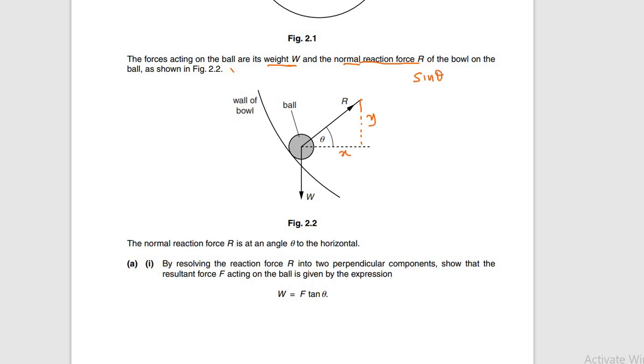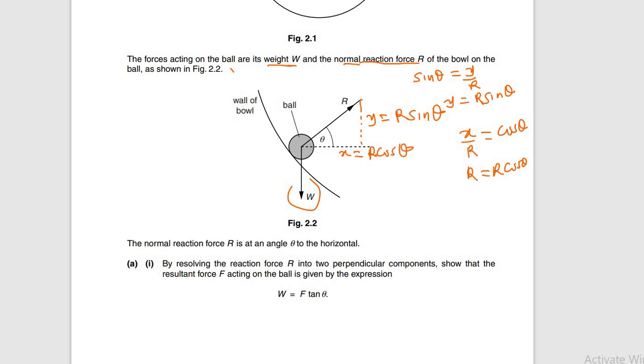Sine theta is y over r, so vertically the component is R sine theta, which is always equal to the weight. For x, adjacent over hypotenuse, so x is R cos theta. This one here is the one that always provides the centripetal force.